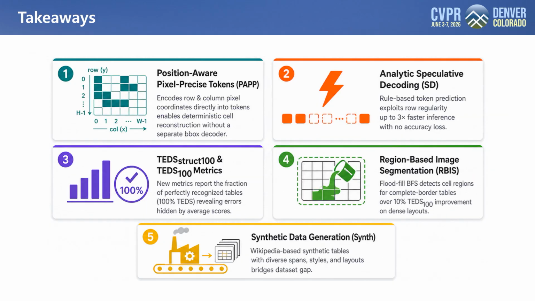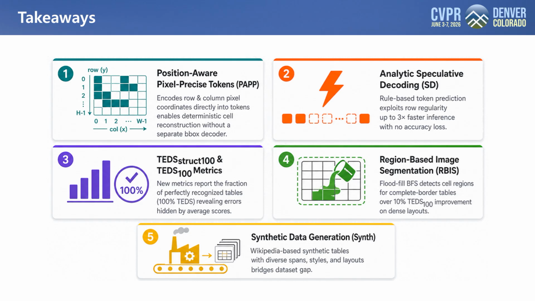Let me now walk you through the main takeaways of our work. First, we introduce a compact table representation built on position-aware pixel-precise tokens combined with analytic speculative decoding to accelerate sequence generation without compromising recognition accuracy. Second, we propose two new metrics designed to address the well-known shortcomings of existing table structure recognition evaluation measures.